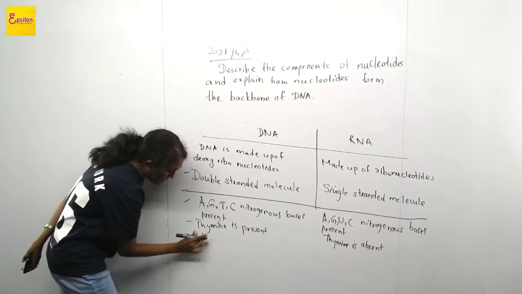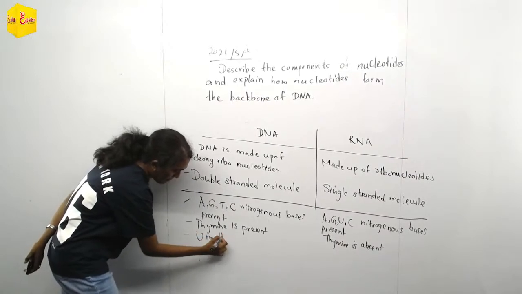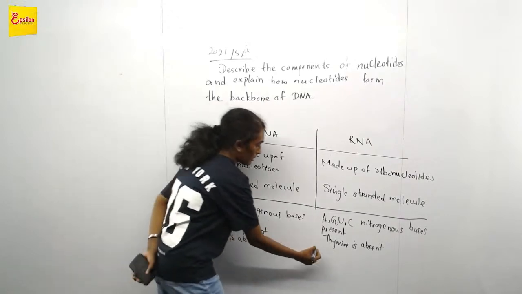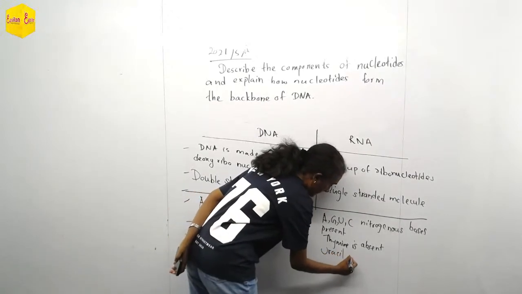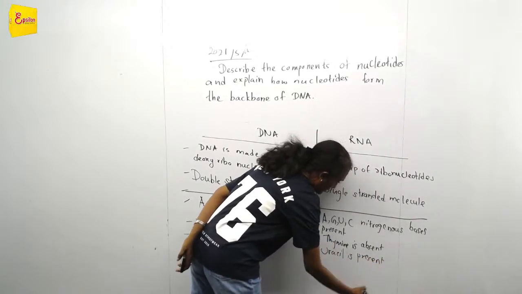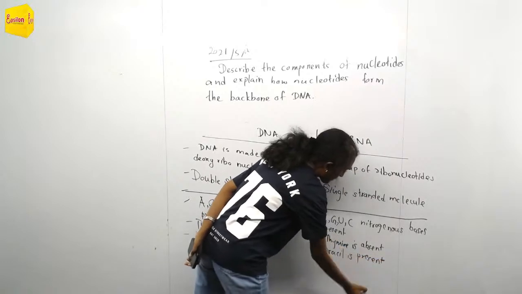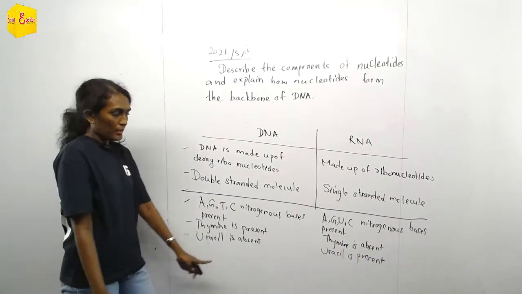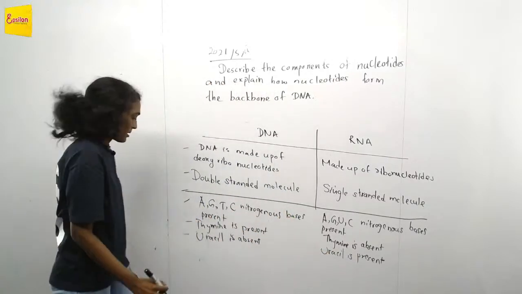Uracil is absent. Here, uracil is present. Any other chemical differences? Here, deoxyribose sugar is present. Here, ribose sugar is present.